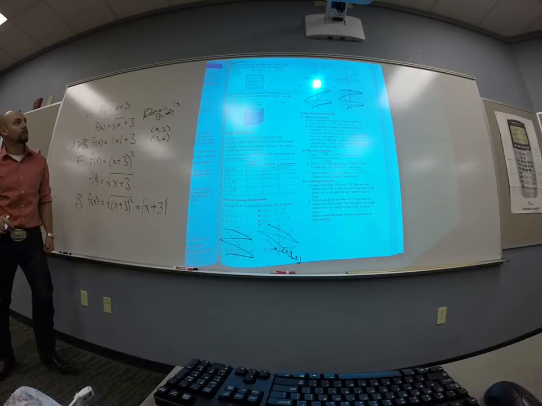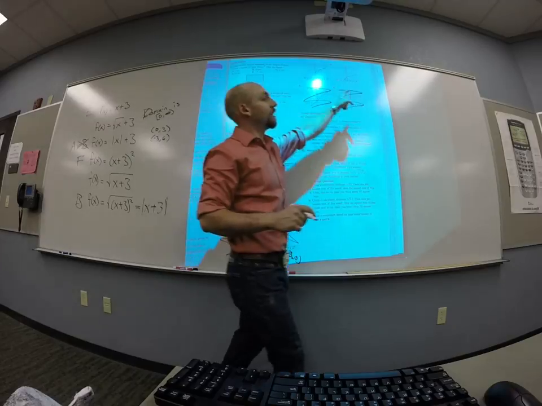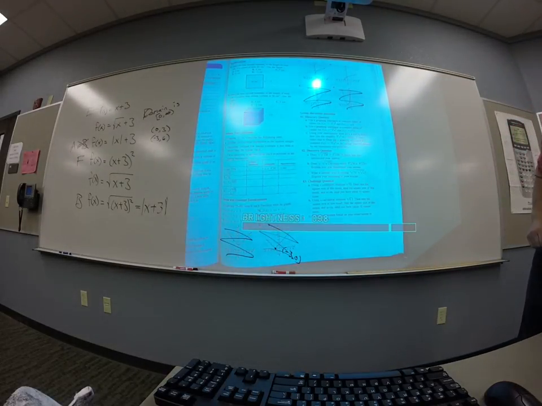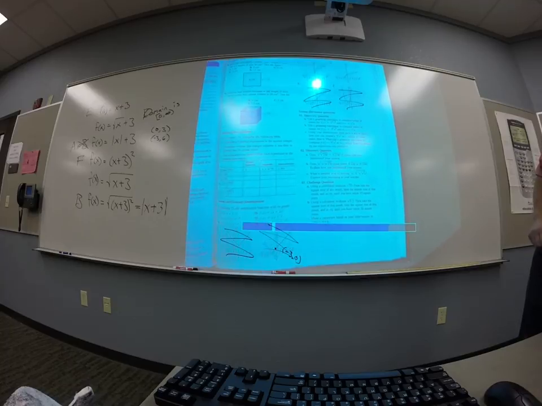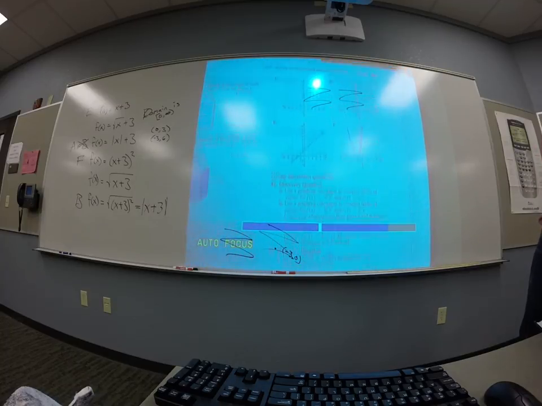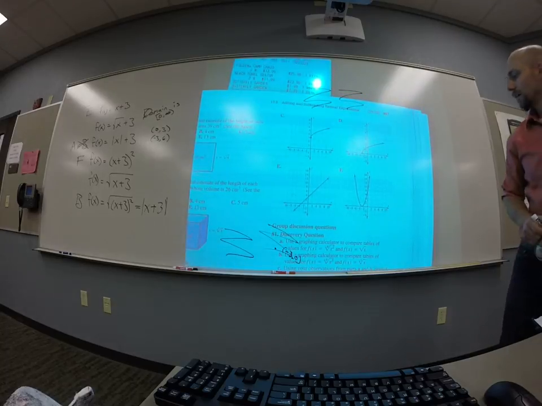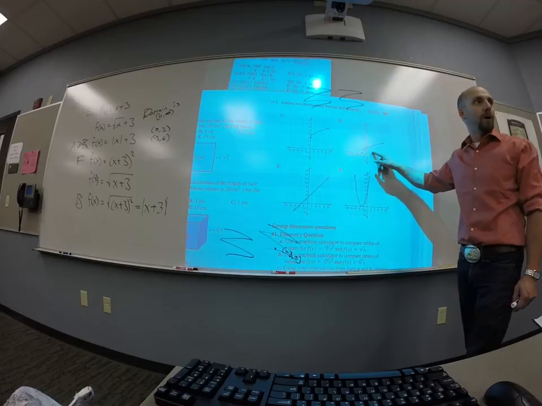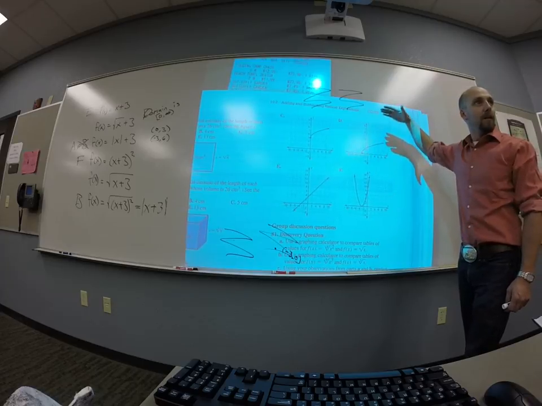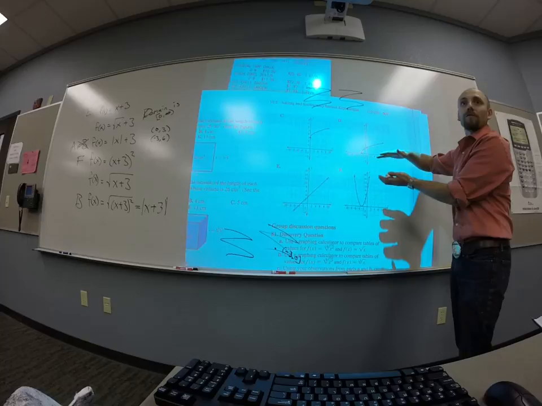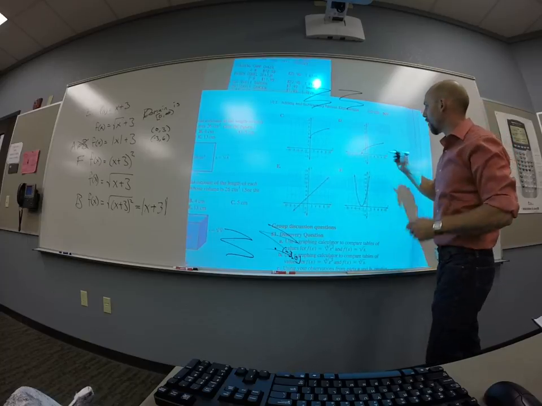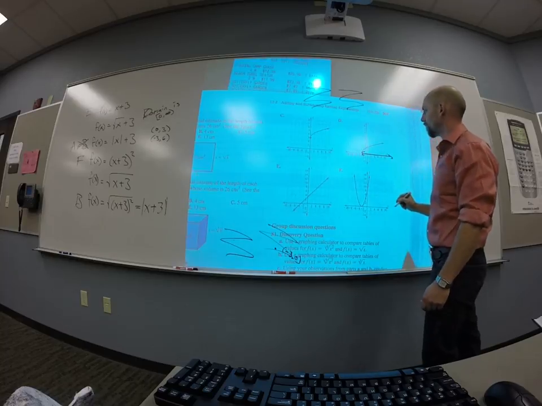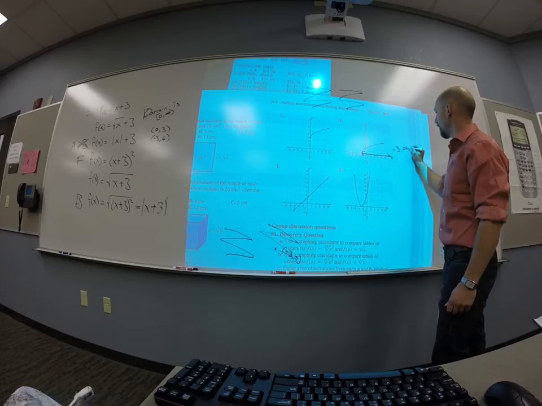Okay, so which one of those two, C or D, has this domain? I'm looking at these two, right? Which way do I squish? Squish down for domains. So this guy's domain looks like it's this stuff, which is -3 to infinity.